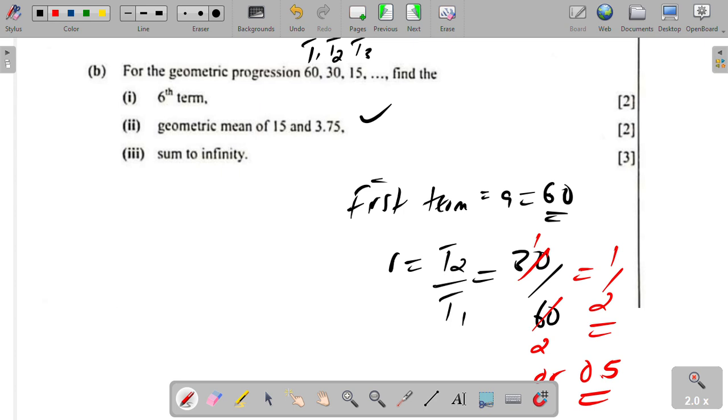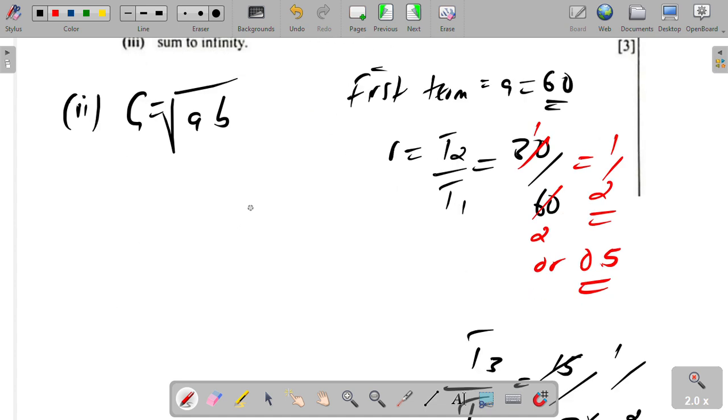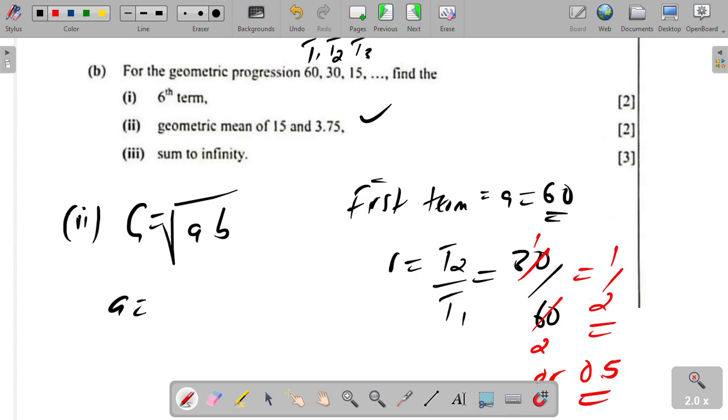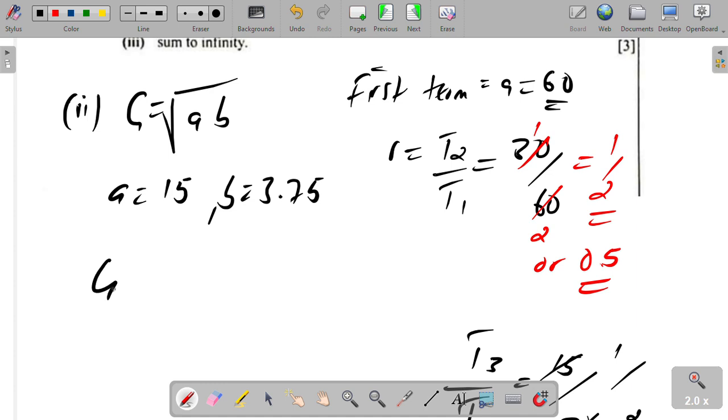To find the geometric mean between numbers a and b, we use this formula. G is equal to the square root of a times b. We have been given the value of a, which is 15, and the value of b, which is 3.75. So G is equal to the square root of 15 times 3.75.